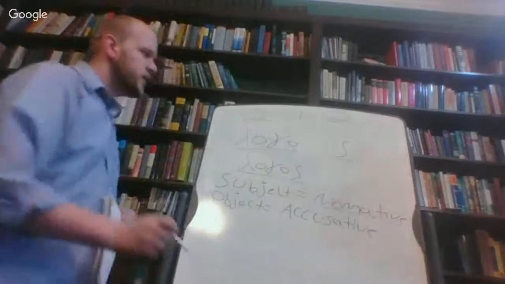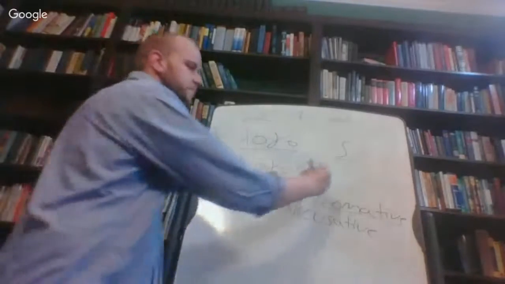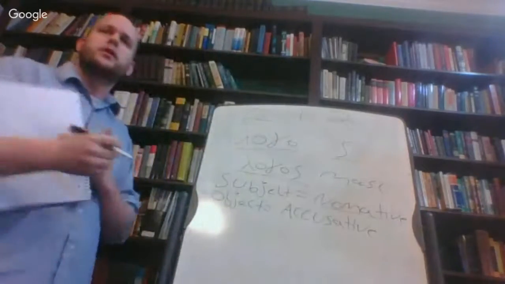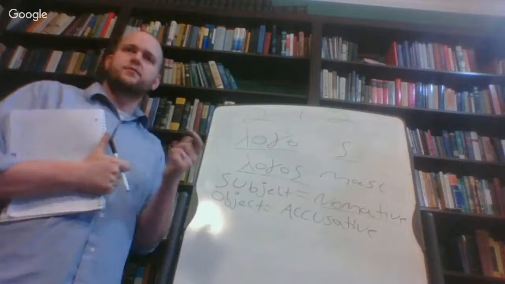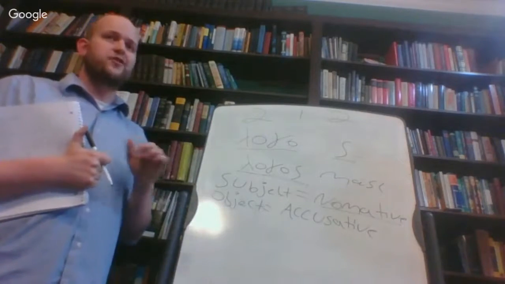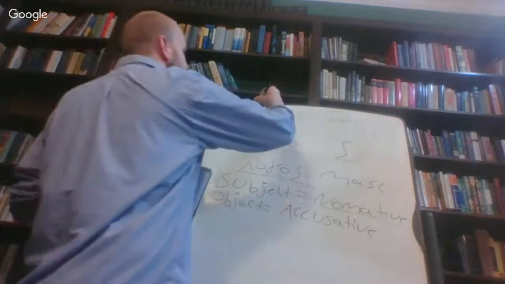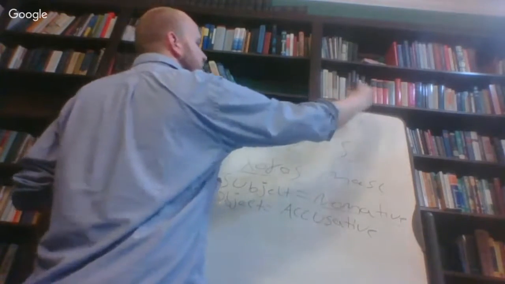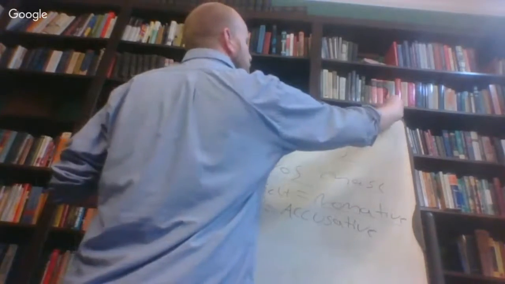There's one more thing here. Logos is a masculine noun. English doesn't really have a whole lot of gendered words, whereas Greek does. Greek has masculine, feminine, and neuter words.